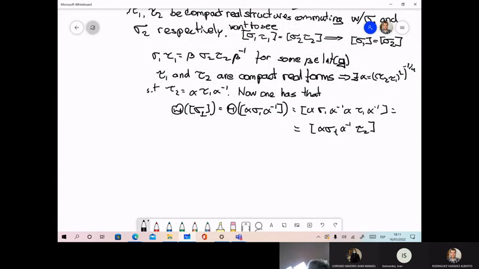If you want to think of it the other way around, this is sigma 1 tau 1, and this is the same conjugacy class as taking a conjugation by alpha and then putting this here inside, which is the identity.